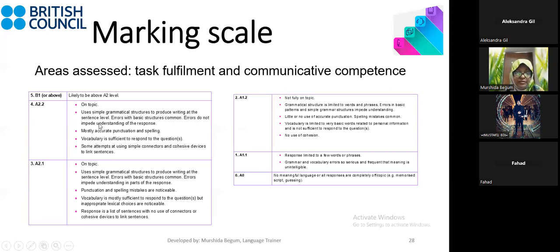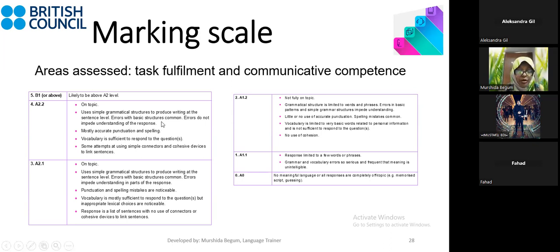For a pre-intermediate 2 level, that is the top, the writing is on topic, uses simple grammatical structures to produce writing at sentence level. Errors with basic structures are common. Errors do not impede understanding of the response, and punctuation and spelling are mostly accurate. Vocabulary is sufficient to respond to the questions, and there are some attempts at using simple connectors and cohesive devices to link sentences.